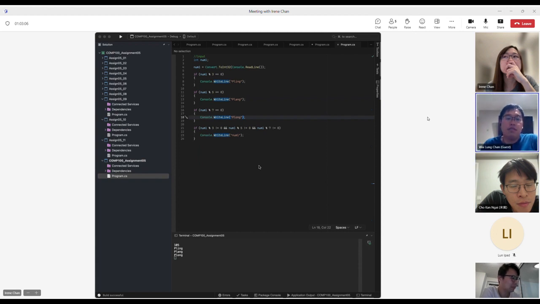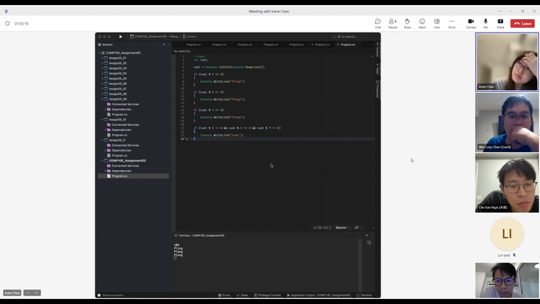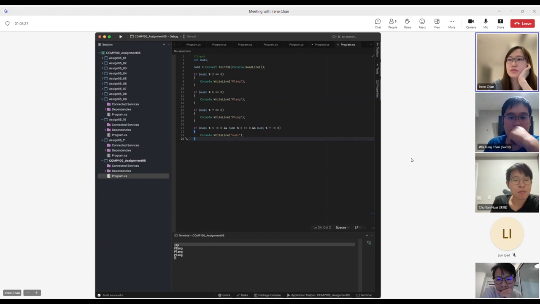Yes, I think this one is easier to read. There's no else, right? Yeah, you just don't write the variable. I understand your logic. So it's 105, then all three. Yeah, that's good.